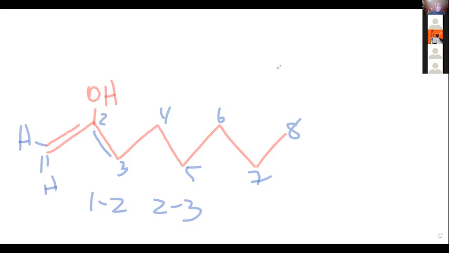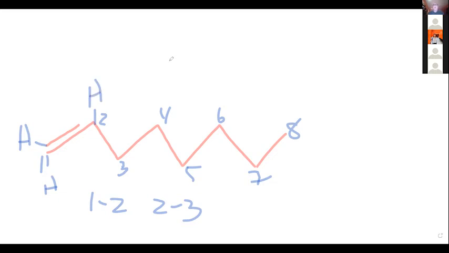And then we take this away. And what would carbon 2 have attached to it? Just 1 hydrogen.